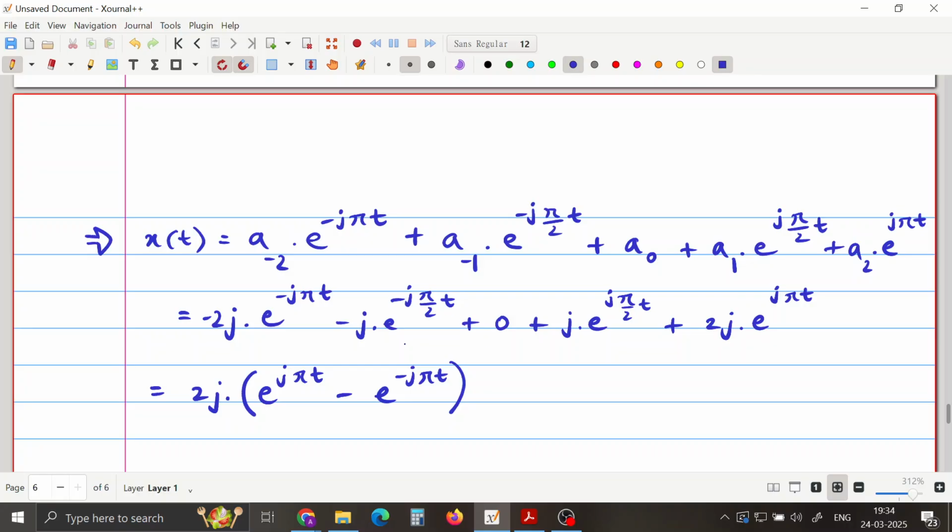And similarly, if I take j common from these two terms, what do I have? Plus j into e power j pi by 2 t minus e power minus j pi by 2 into t.